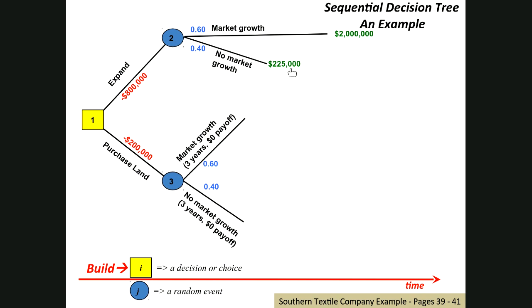In this case, if you purchase land, the market could grow at the same rate, 60% or 40%. And then it turns out we're going to face another decision at that point. And so there's going to be a decision that we're going to face at the end of this growth period. So let's look at that on the next slide.